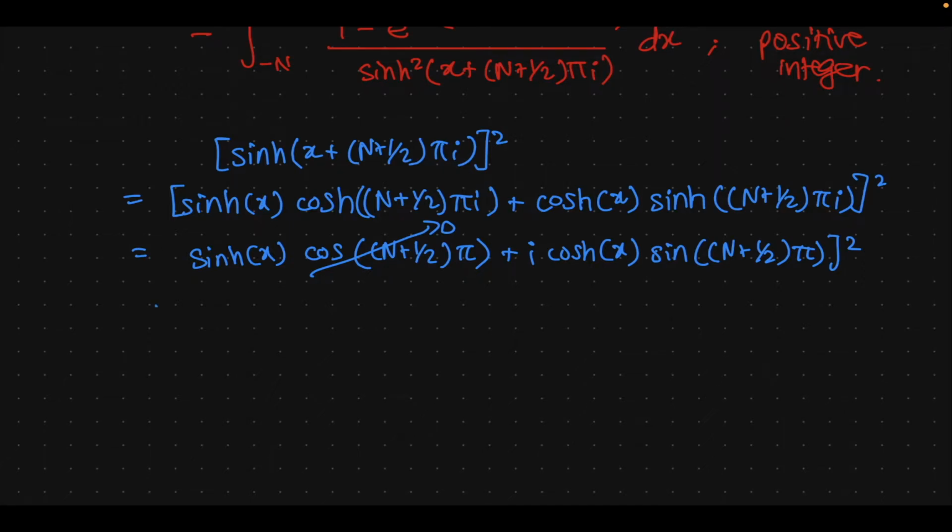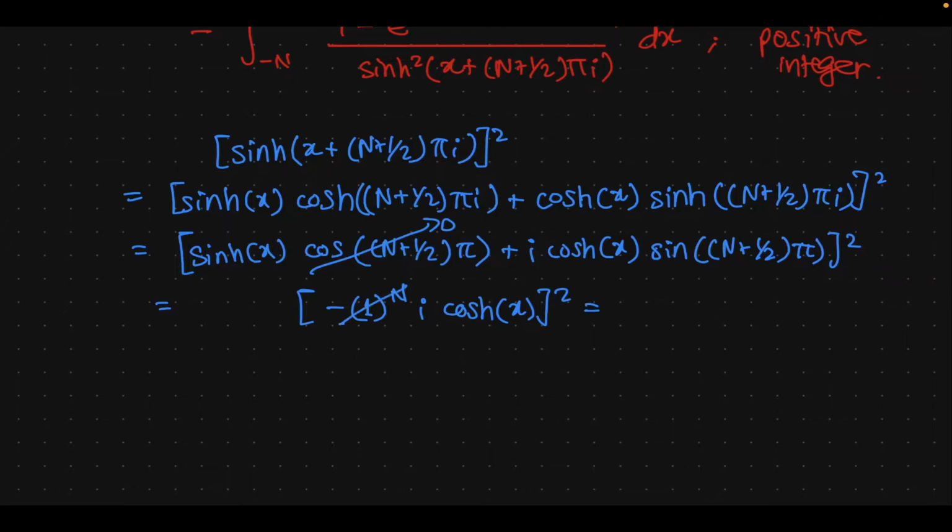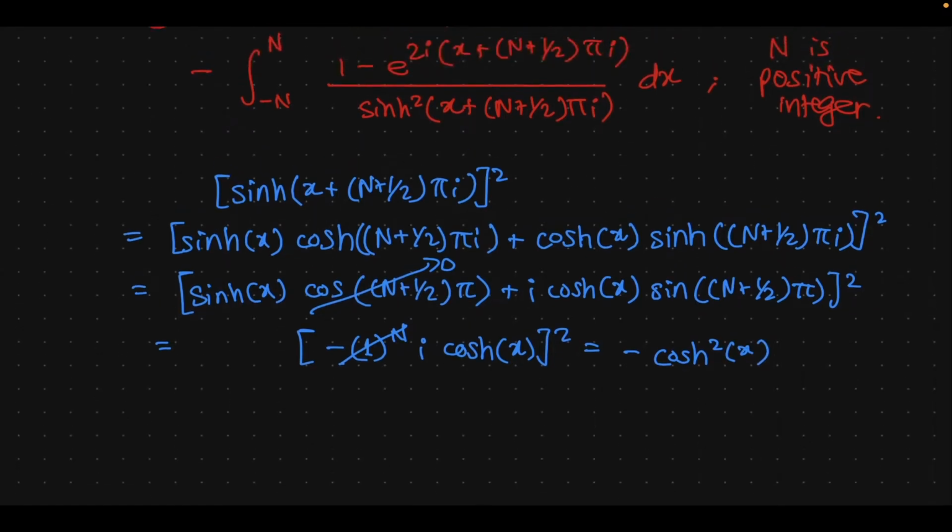The sign will actually alternate depending on what integer it is, so we're going to have minus 1 to the capital N times i cos x. Well, this goes away because the other term went to 0. Being squared, this term will vanish. The i will become a minus cos squared of x. This is all happening in the denominator.